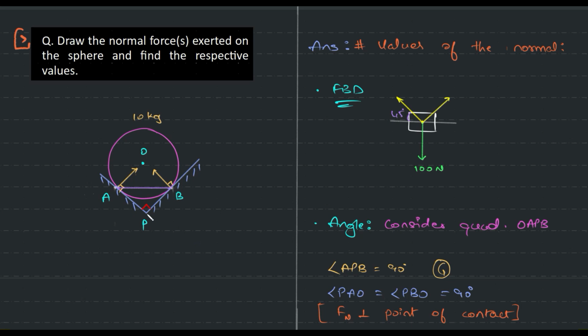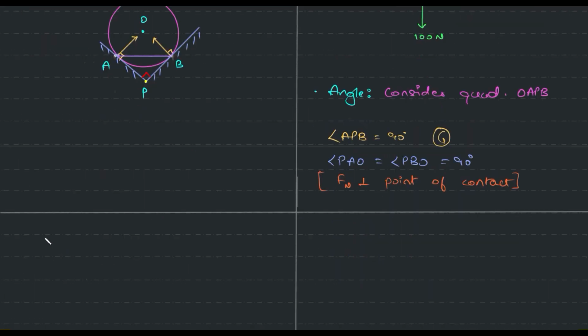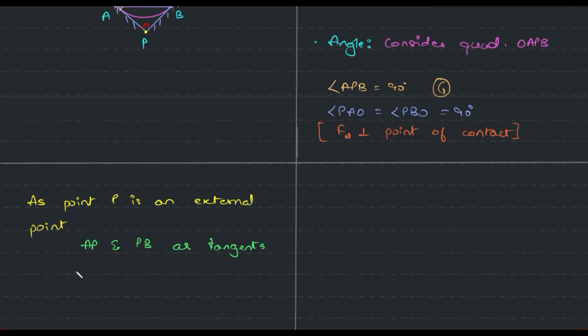Now, point P is an external point, making AP and PB tangents to the sphere, which is nothing but a circle.